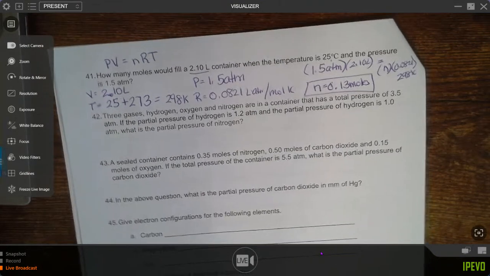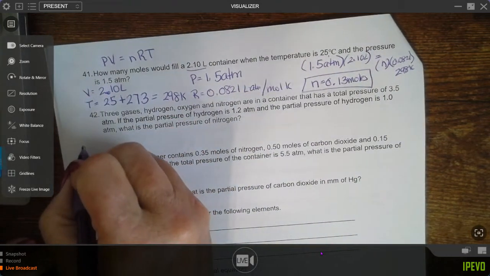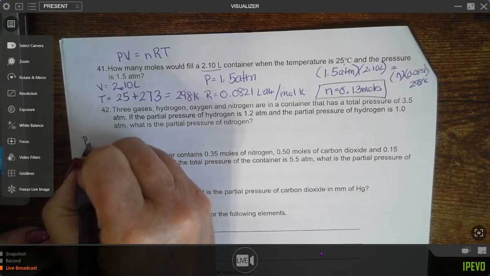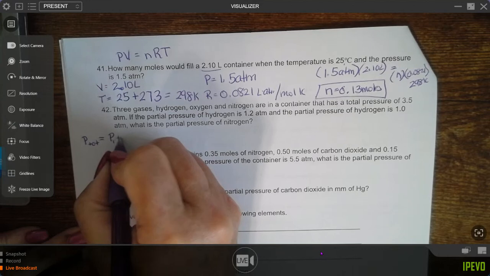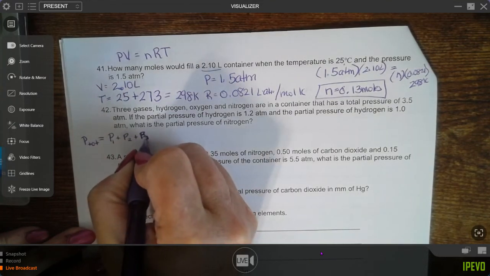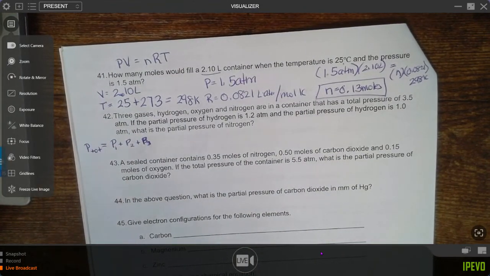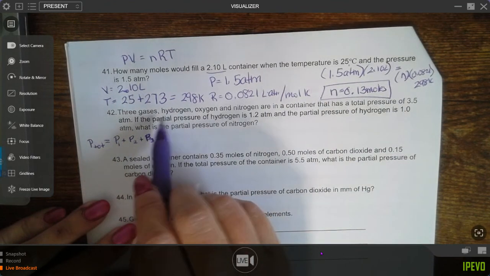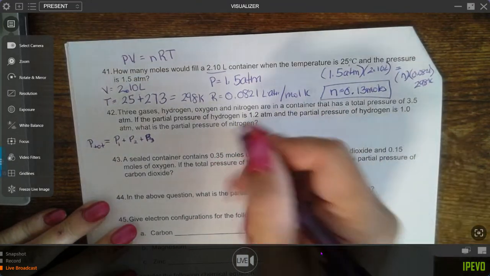All right. Number 42 is a partial pressure question. Okay. Remember that Dalton's law of partial pressure says that the total pressure is just equal to the sum of how many ever substances there are. So you combine the pressures and add them together. That's just going to give you the total pressure. Okay. So this says 3 gases, hydrogen, oxygen, and nitrogen, are in a container that has a total pressure of 3.5.